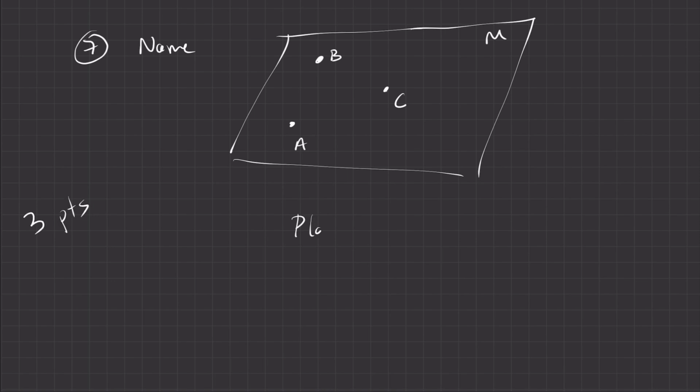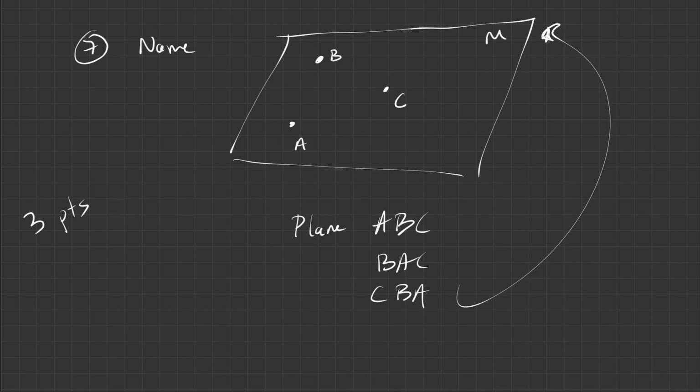We can call that plane ABC, or BAC, or maybe CBA, okay? And don't forget, we also need that uppercase letter. So you can call that plane M. Plane M. That will suffice.